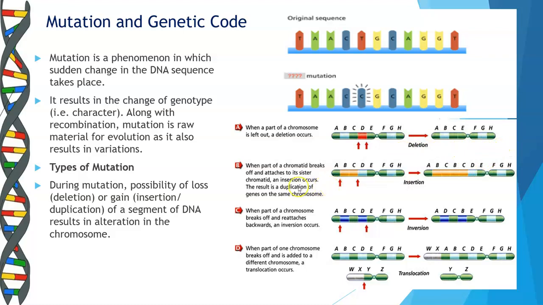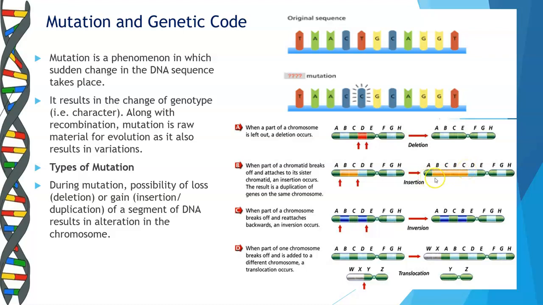The next type of mutation is where you have insertions. Now again you have the same chromosome A to H. You have these two genes B and C. In insertion, what happens is it attaches to its sister chromatid in such a way that there is duplication of those genes. You can see here BC and BC is repeated twice.